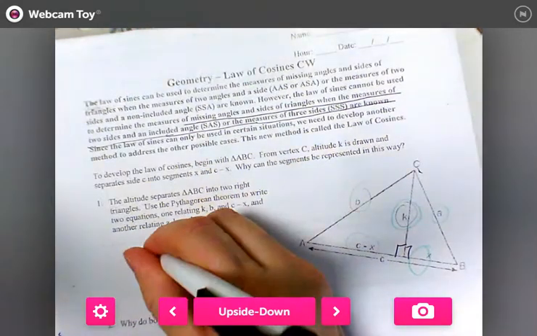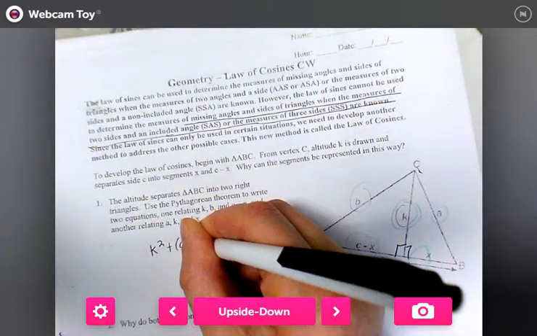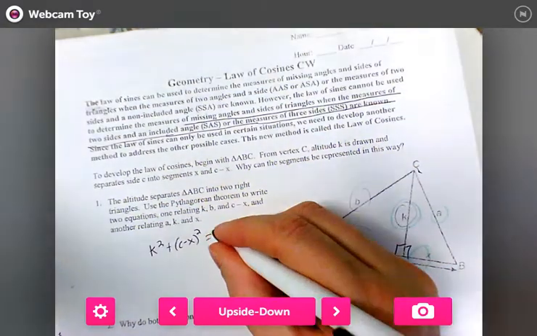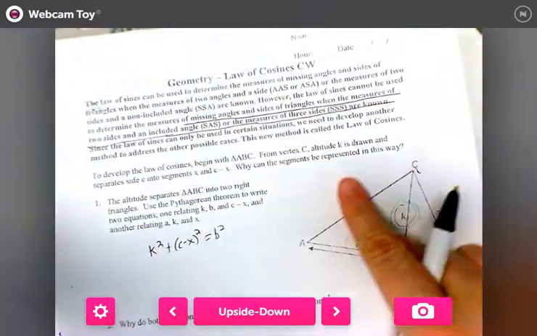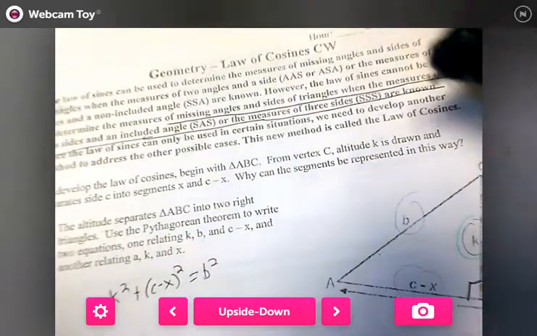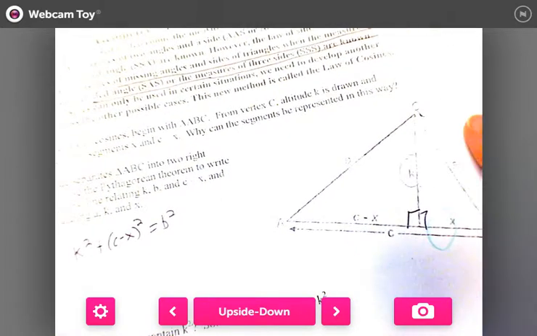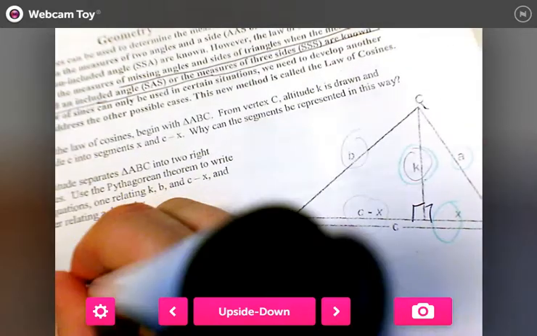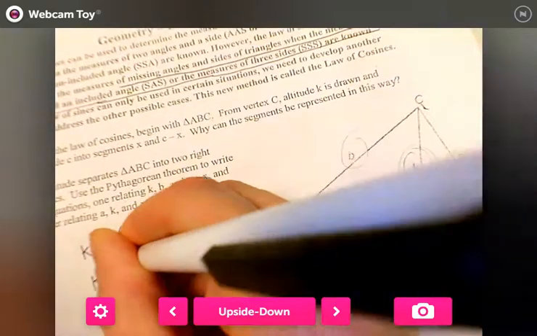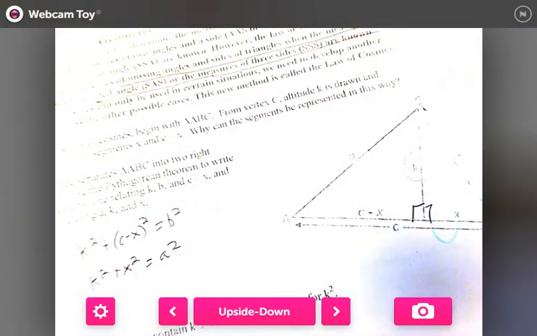So if we say K squared plus C minus X squared equals B squared, that would be the Pythagorean theorem for just this side. Everybody should be writing this down. And then my other side of the triangle is going to be K squared plus X squared equals A squared. Okay.